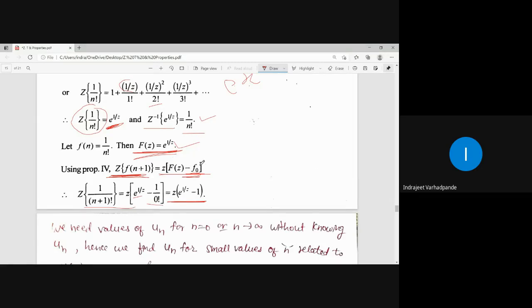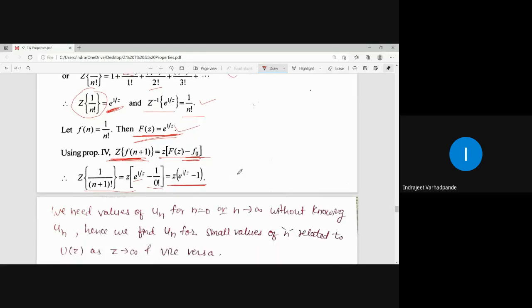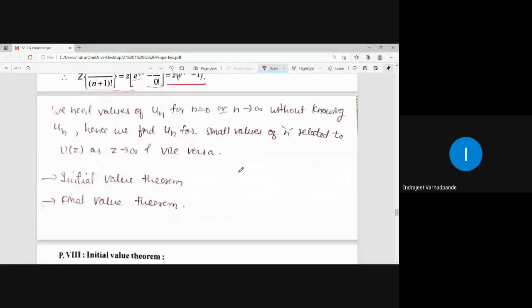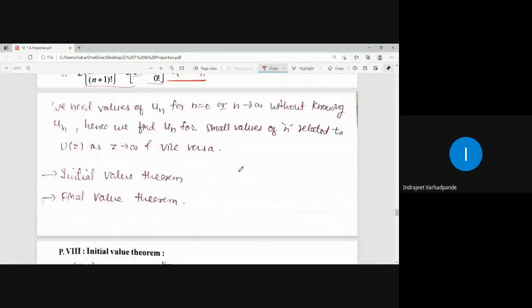So z into F of z minus f of 0 is e to the power 1 by z minus 1, and this is what we are getting: z into e to the power 1 by z minus 1.